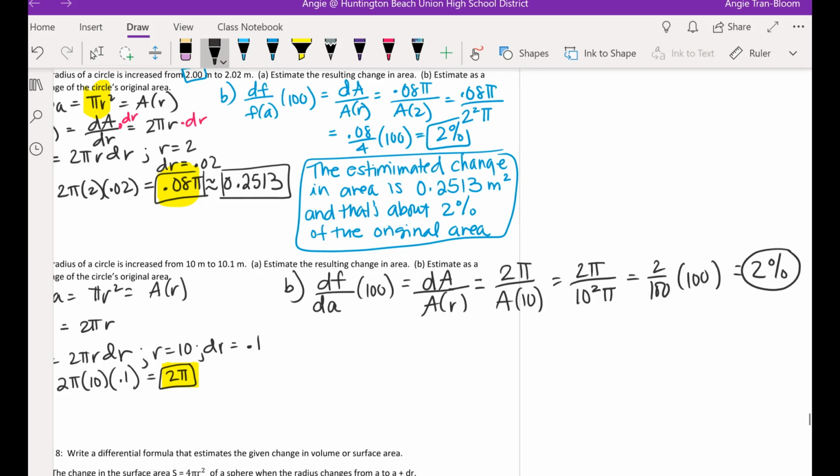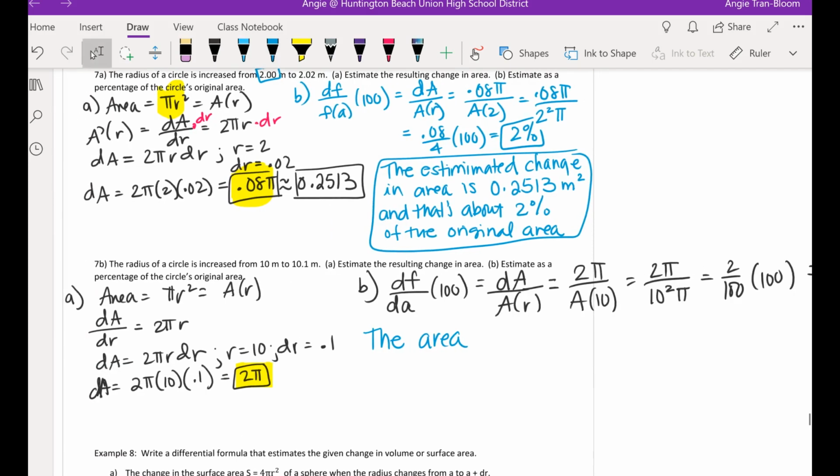Okay. So here we go. The final complete sentence. As you can see, the dA changes to 2 pi.